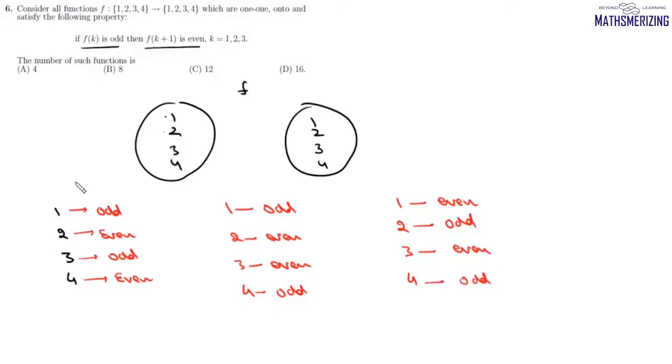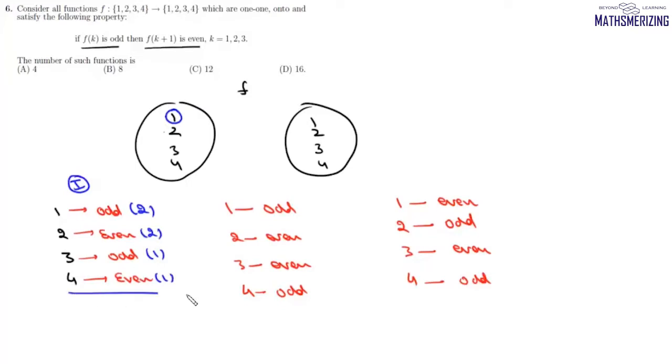Now in the first case, for this one, we have to choose an odd image, and we have 2 options. So number of options here will be 2. Now again for 2, we have to choose an even number, again 2 options. Now for 3, there is only one number left because the function is one-one and onto. Again for this it is 1.